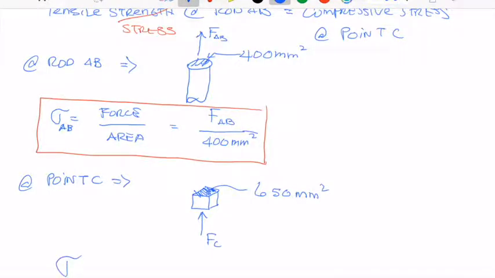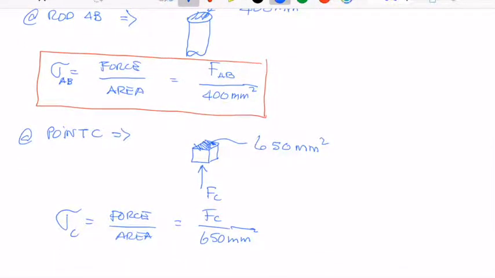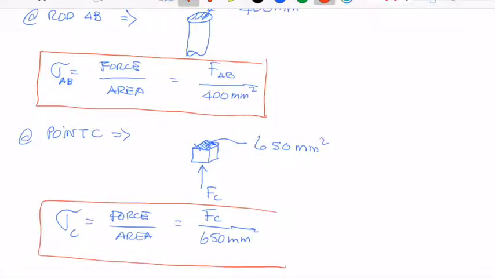So my sigma, which is my normal stress at point C, is also given by force divided by area, and that is FC divided by 650 square millimeters. So I'm also going to indicate this in red.